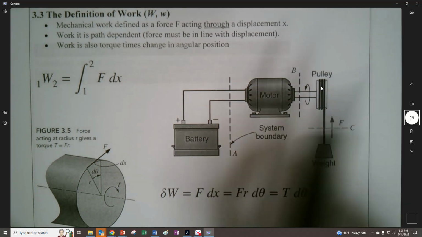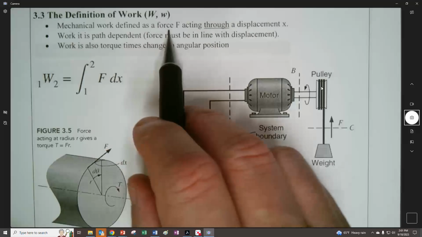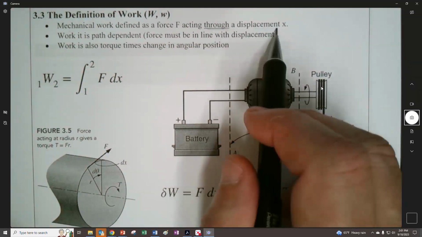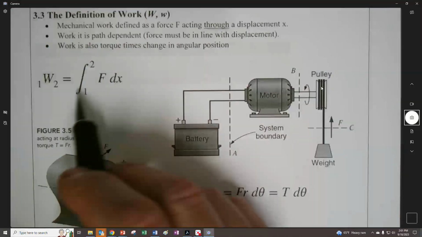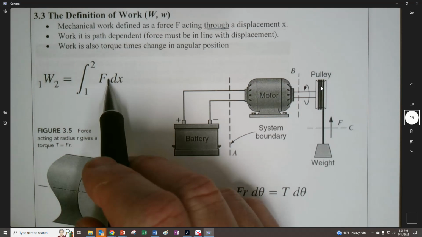I always use a very specific definition: mechanical work is defined as force acting through, underlined, a displacement x. They don't show a dot product right here like I would usually in vectors.